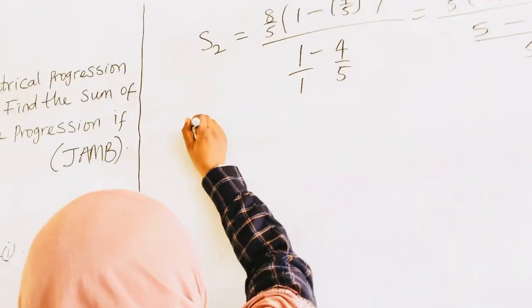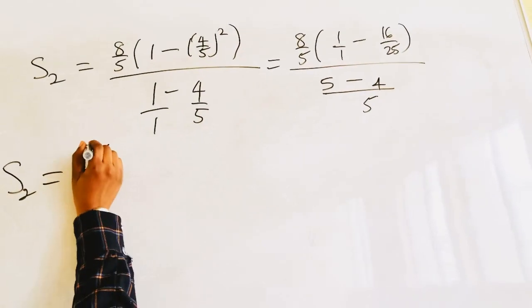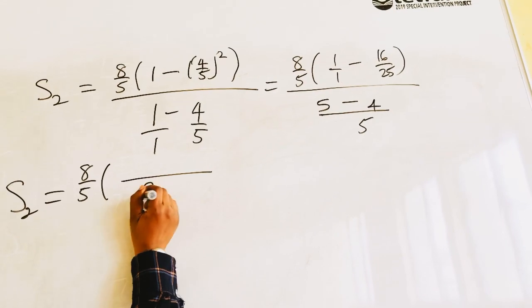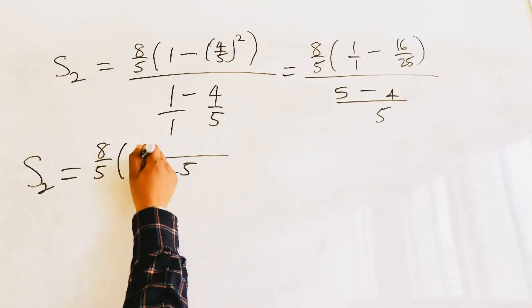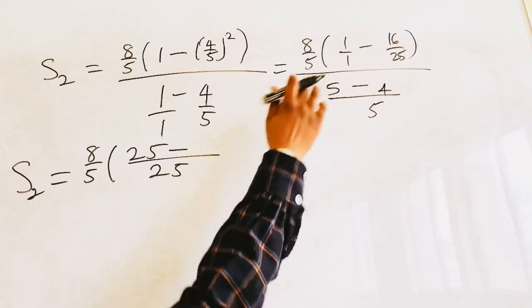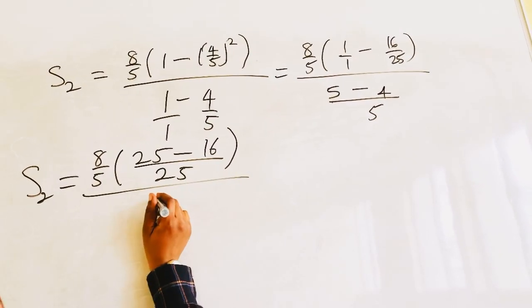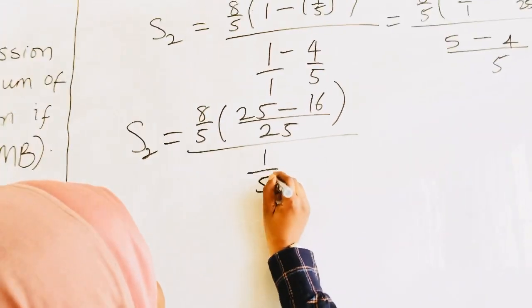So LCM of 1 and 25 is 25. 1 in 25, 25. 25 times 1, 25. Minus 25 in 25, 1. 1 times 16, 16. Over it, everything over 5 minus 4, which is equal to 1, everything over 5.